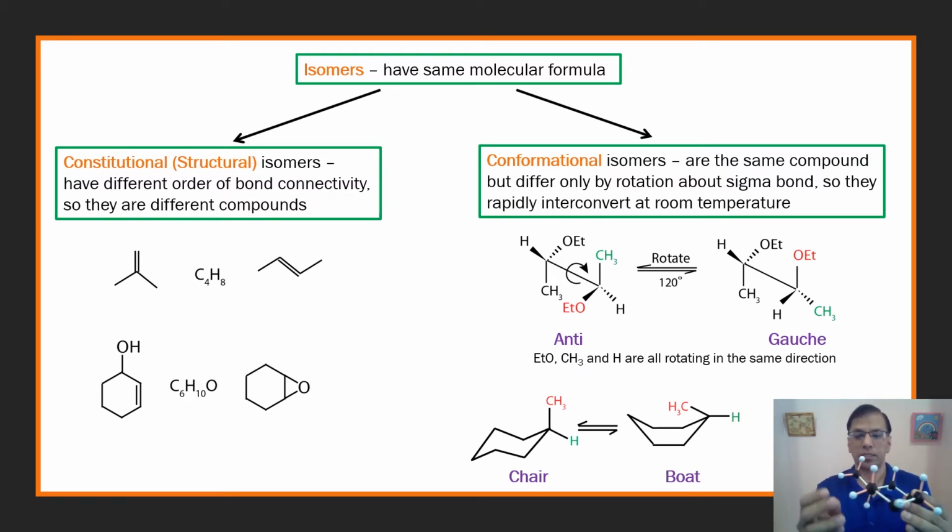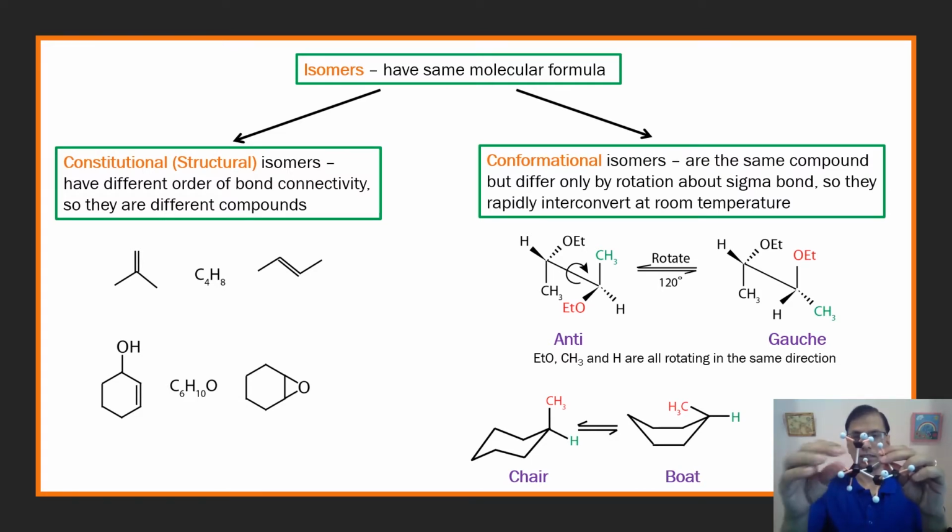This is the chair conformer, and this is the methyl group right here, and this is the hydrogen attached to the carbon atom. Okay, so this can form the boat conformation.